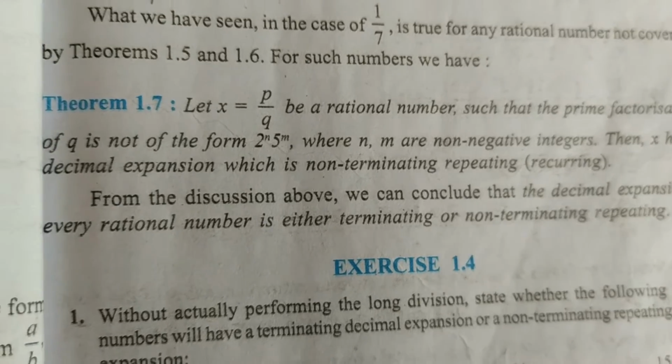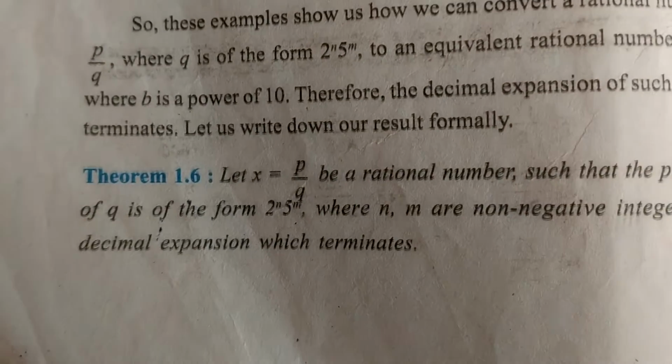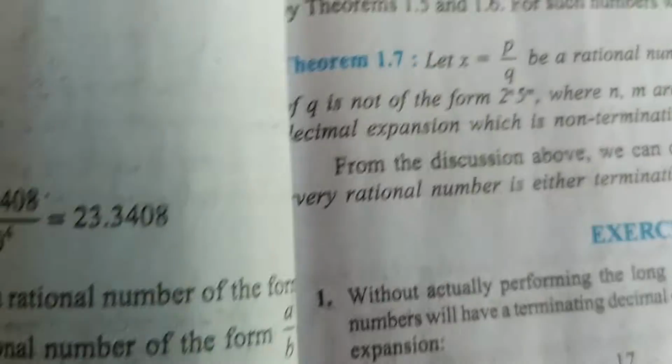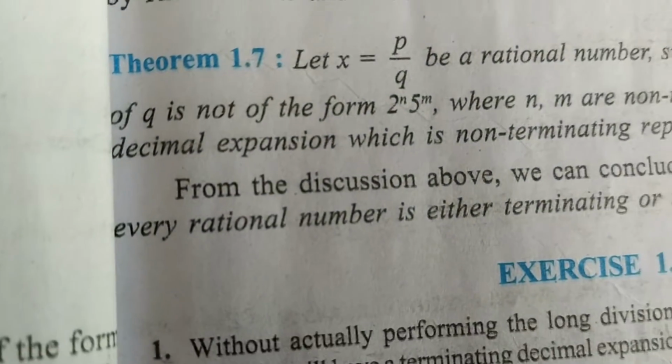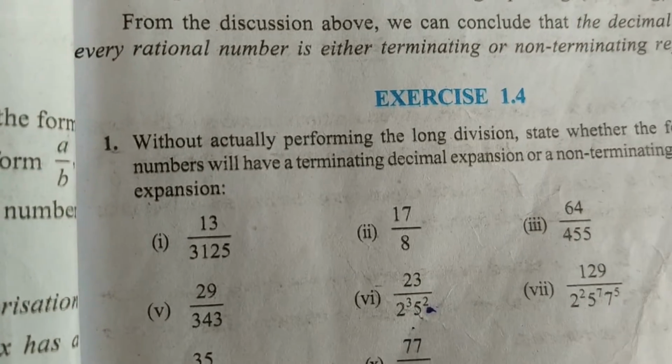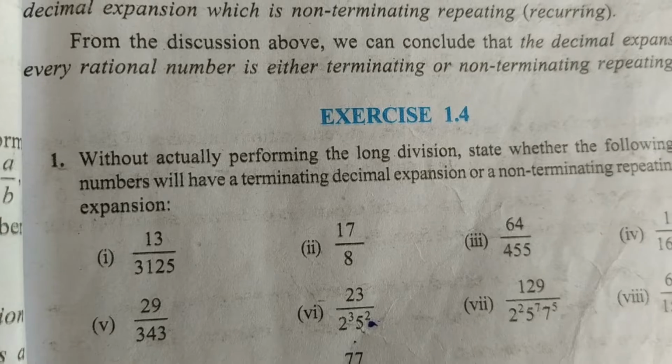Clear? Got it? If the prime factors of the denominator are in this form, then the decimal expansion is terminating. If not in this form, then it is non-terminating, repeating. Come on, exercise 1.4, read it.